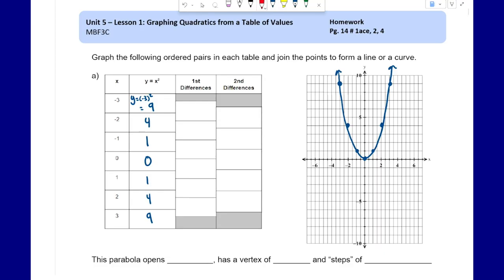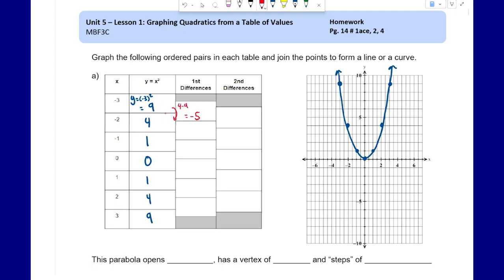There are some other pieces of information in the table though, or other columns that we do need to fill out. What the first differences are asking us to do is basically subtract the second y value from the first one. So in this case, we're going to do 4 minus 9, which equals -5. Or in other words, we're seeing what do the values change by.